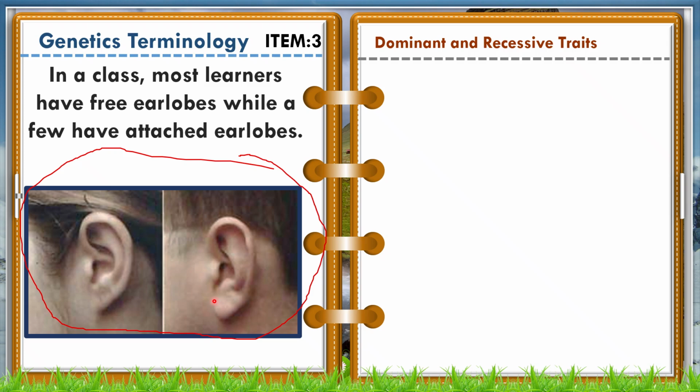That one is called a free earlobe. So in the class, most of the learners have free earlobes, these ones here, and very few have attached earlobes, this side. Tasks.